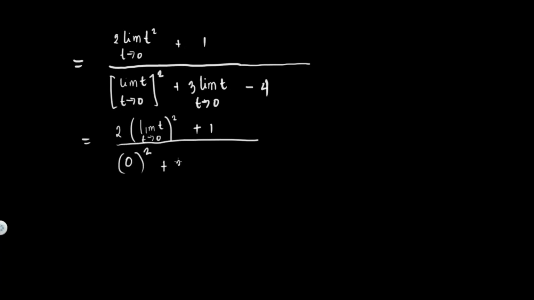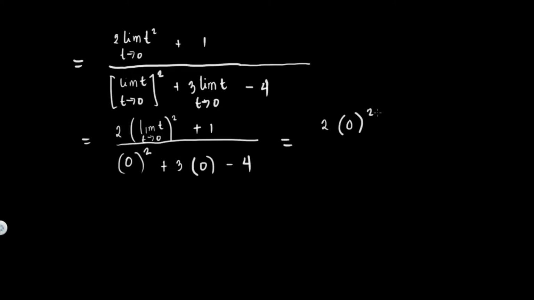Plus 3 times the limit of t as t approaches 0 is 0. Minus 4. Okay? So, equals, dito na lang, equals 2 times the limit of t as t approaches 0. Substitute the value, 0 to t. So, we have 0. Pwede mo pang isulat, no?